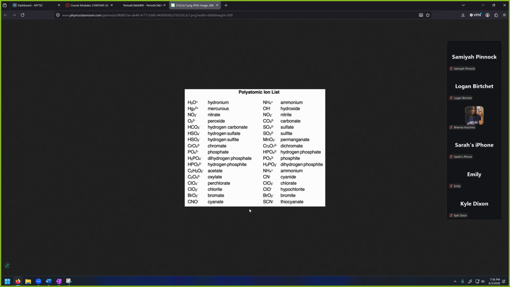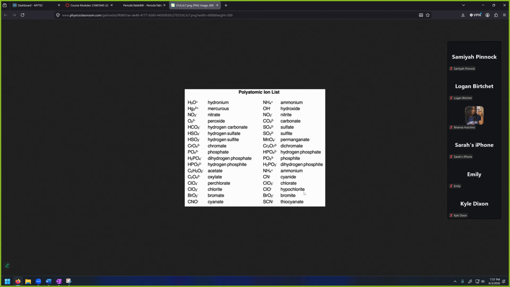You can also see some more rare use of prefixes in polyatomic ions. The prefix per means the most of something, and hypo means the least of something. And so perchlorate, the chlorate tells you it has above the median number of oxygens. Per tells you it has the most oxygens chlorine could possibly entertain. And then on the flip side there, we have hypochlorite.